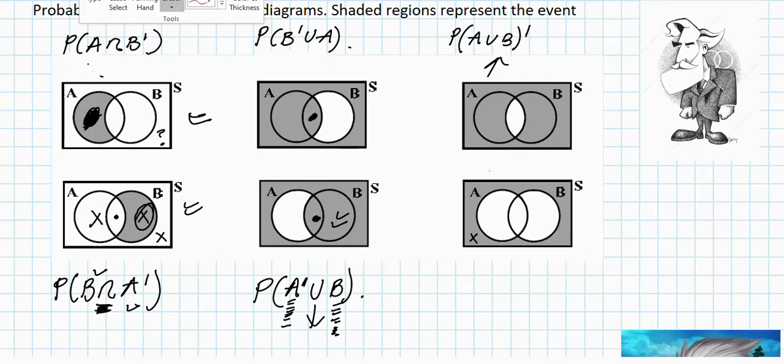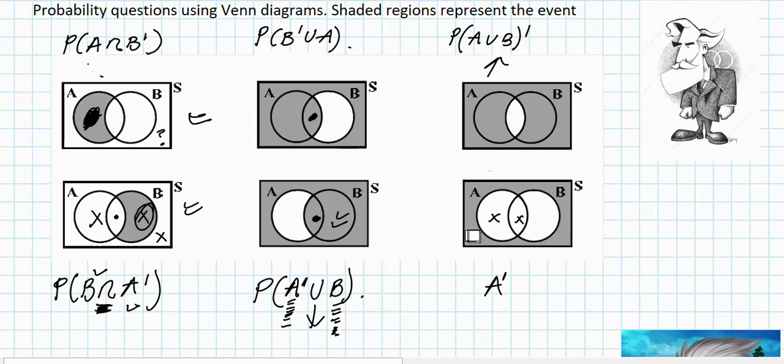So I'm saying here now that A was not shaded, so I'm going to put a complement there. Something that had to do with A was not shaded. So which means this area and this area were not shaded. Let me remove this small X marking there. Perfect. So anything that has to do with A was not shaded.